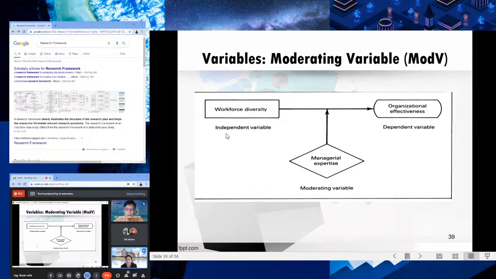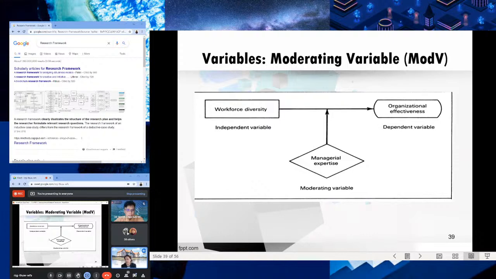That's why we need to come up with the framework. With the framework we can see clearly what our scope or focus in our research is, so that you can visualize your framework or the variables related to your study.